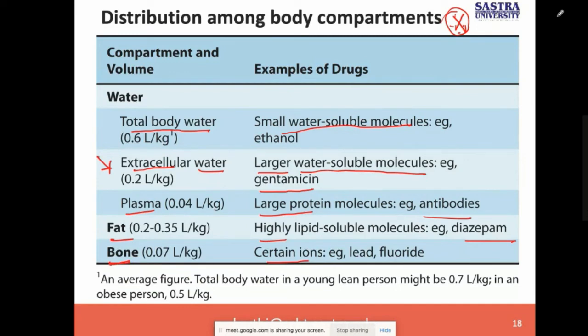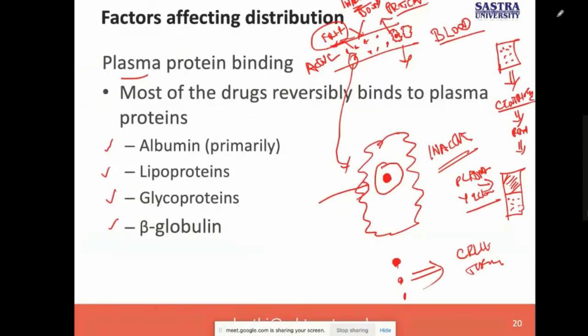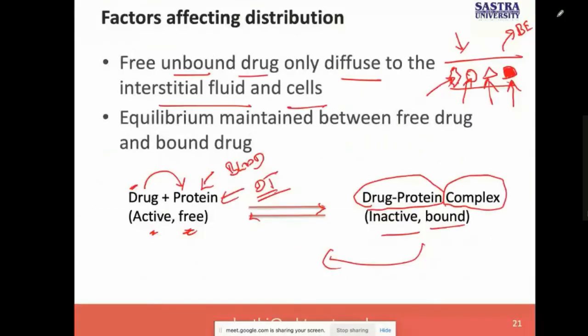Here small means very small. You have to think of the size of ethanol. Very small molecules can enter into the cell very easily. Even if they lack lipid solubility, they can easily enter.